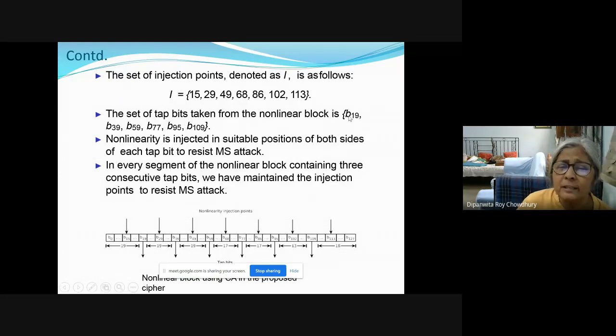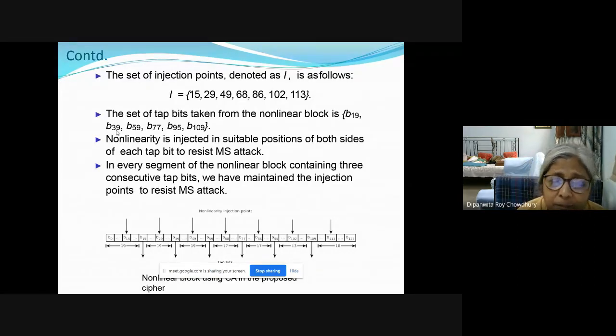So again, already I was discussing, see this B19, B39, 59, 77. These are not random at all, because it totally depends on your nonlinear block. As I already told, you have to choose the tap bits in such a way that if one of the bits is guessed, then also your things are secured.